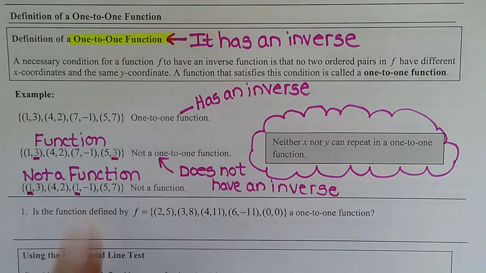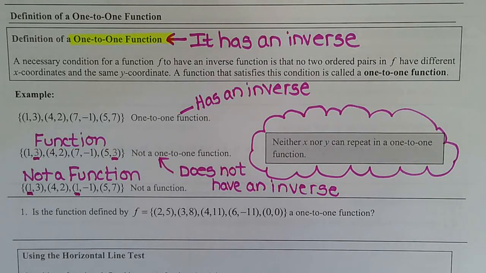So since 2 of the x's are the same and they're assigned 2 different y values, that means it's not even a function, so I don't even have to apply the test for it. So this would not pass the vertical line test. So if it's not a function, it can't be a one-to-one function.